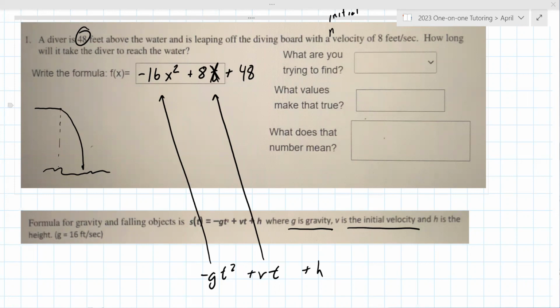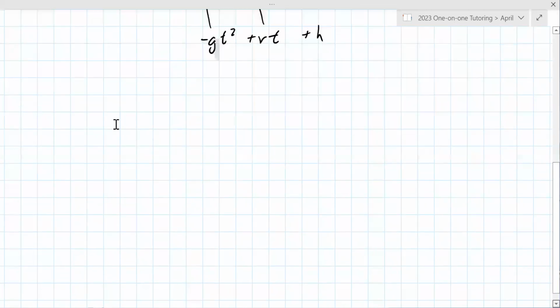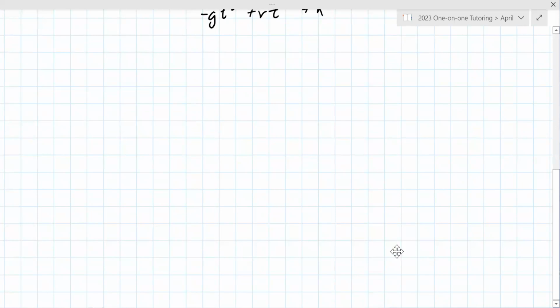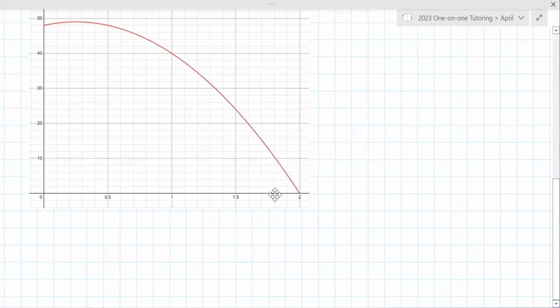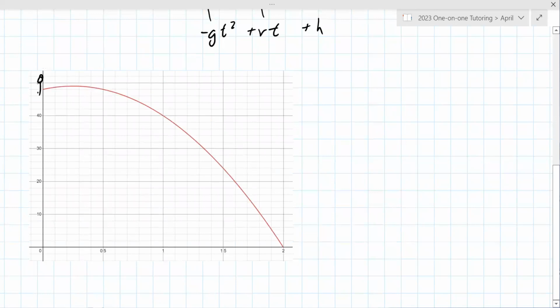I think the graph's important. So here is the diver at the top, and here's the water down here. They actually slightly go up, and then they come down. All right, is that okay?